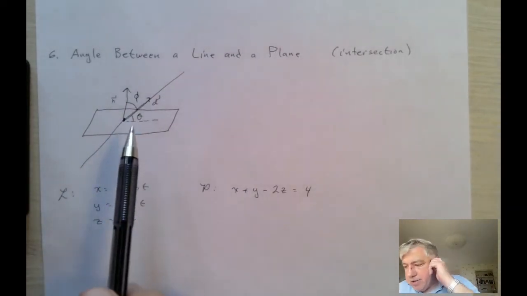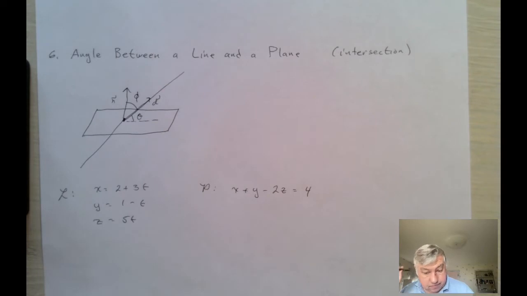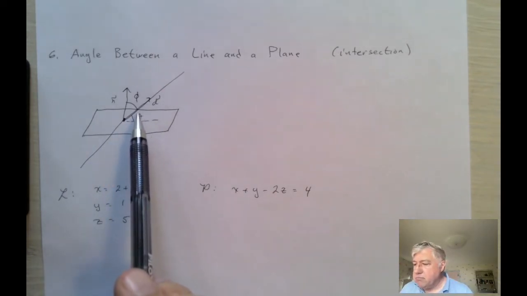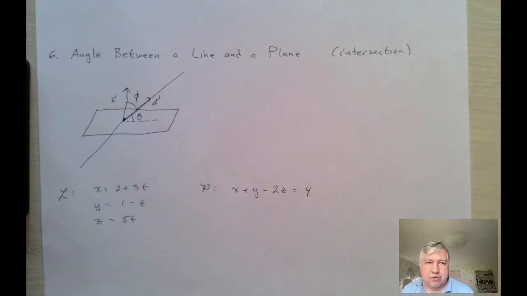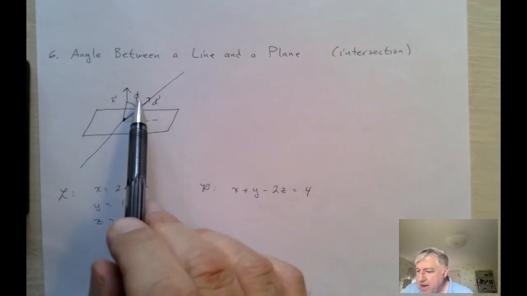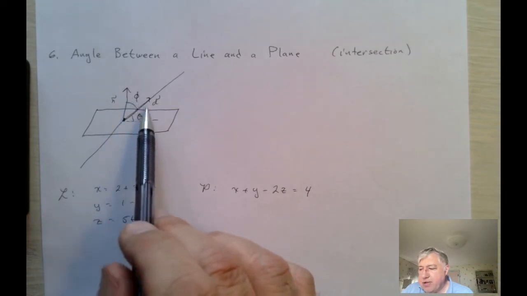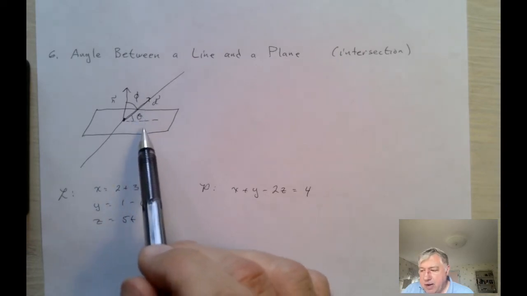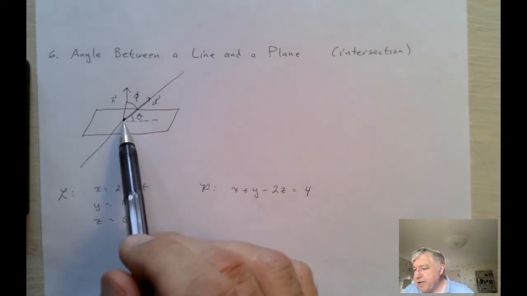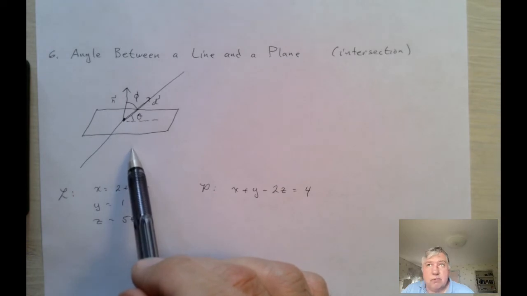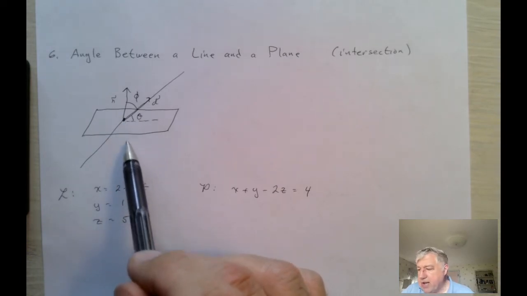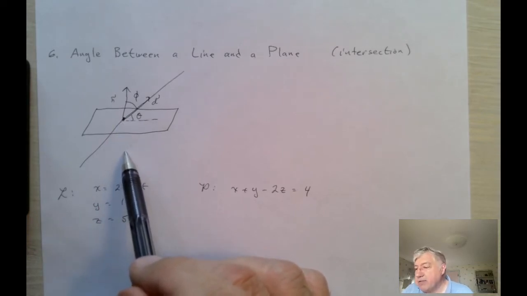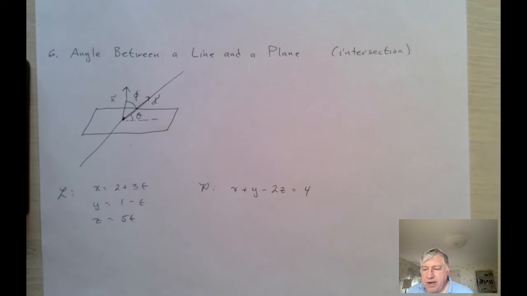But the thing here is that we can add or subtract 90 degrees to it if we need to. If phi is acute, then we can just subtract this from 90 and get this. And if we get something that's between 90 and 180, we can subtract something and get that angle.